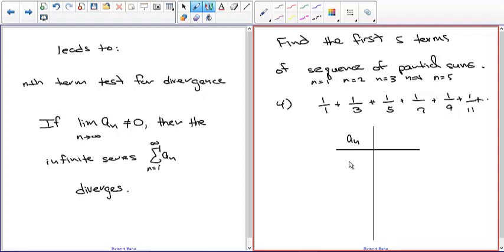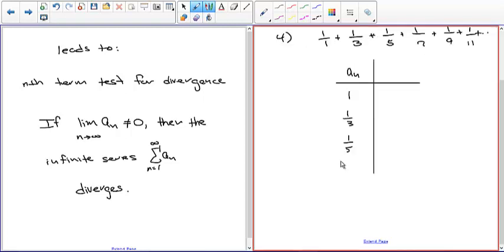What we can say is a sub n is 1, a third, a fifth, a seventh, a ninth, and the nth partial sum is going to be 1, 1 and a third. You can use your calculators for this, so we'll put it in fractions though. 1 plus a third, so I'll do it as an improper fraction, 4 thirds.